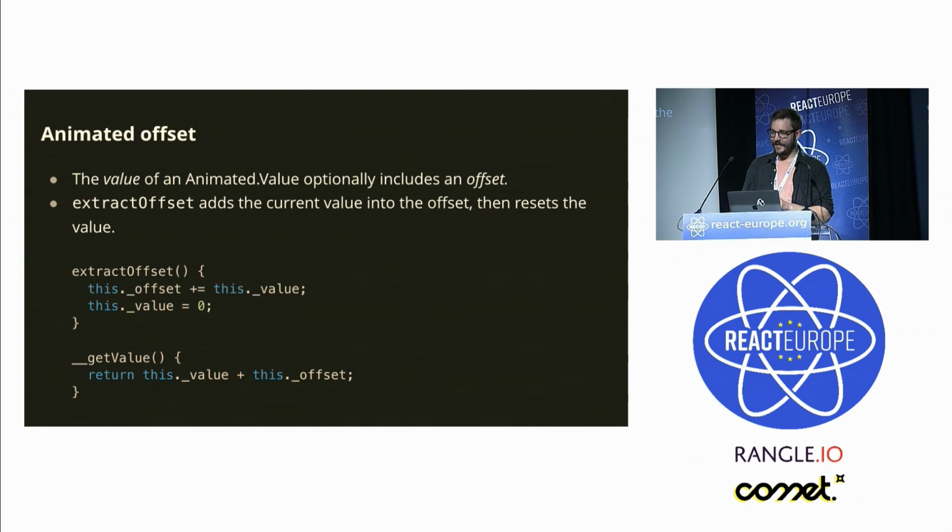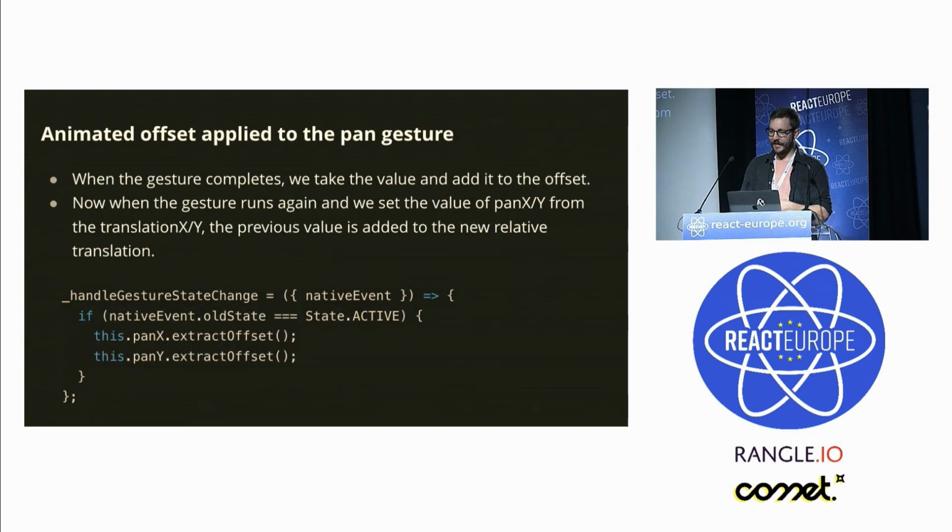But it takes the let's say underscore value, and it takes that and it resets it to 0, and the underscore value that it's set to at the time is added to the offset. The offset, of course, starts at 0. So this allows us to basically handle this situation so that next time when we start the translation again, it is just added to what the previous value was, and it makes it possible to accumulate values over time in animated.